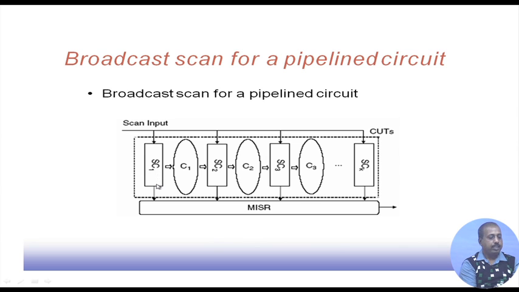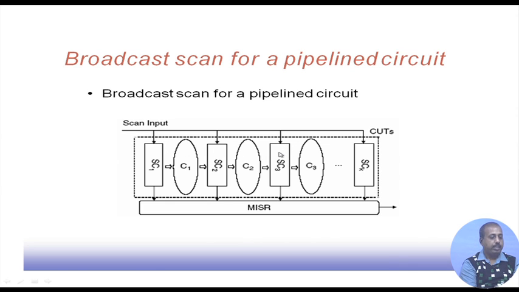Again, now I have multiple circuits. It may so happen that for C1, C2, C3 the test patterns are quite similar to each other. In that case we can give the same scan input to all of them. This scan input is coming to SC1, SC2, SC3 and all of them. Again the ATPG tool can be instructed that the first cell of SC1, SC2, SC3 should get the same value.